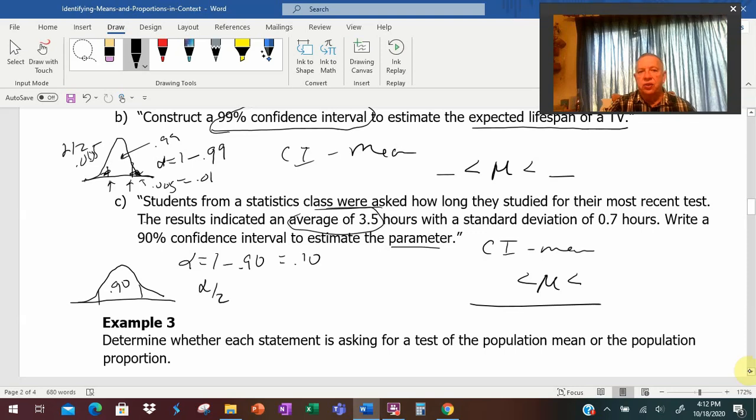The alpha over 2, just divide that by 2 on your calculator, 0.05. 0.05 in there, and 0.05 in there, and I'd go get my critical values here and critical value there. I only need one of these, but that's basically the breakdown of critical values. Inverse normal, 0.05 area. If I go to A2, I would find 0.05 inside and then read off the z-score.